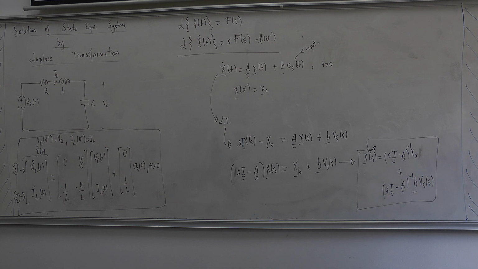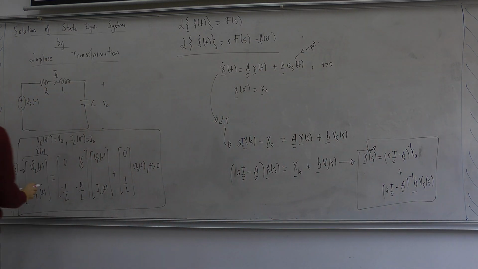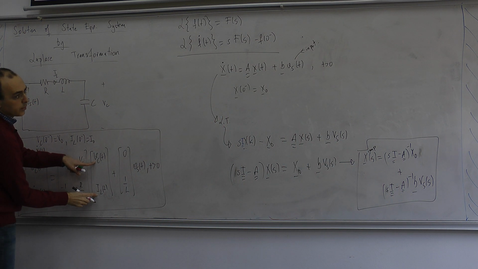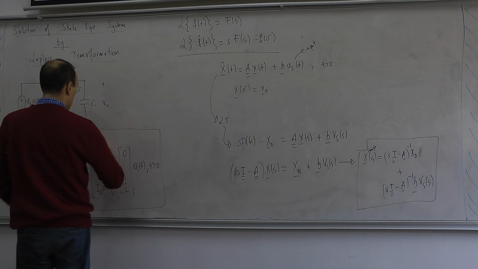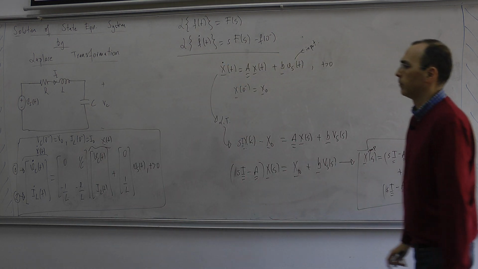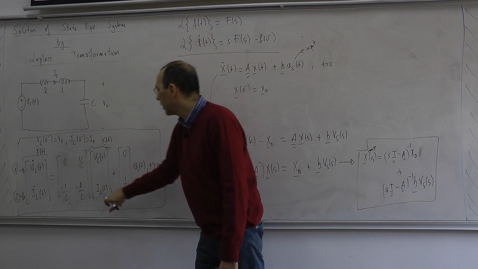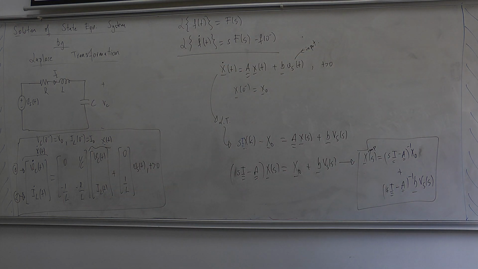So what do I mean by complete solution in Laplace domain? There is nothing else to do. In Laplace domain, I got x of s. So if I can take the inverse Laplace transformation, now please see this. This is what I have found, x of s is the Laplace transform of this vector, obviously my state vector. The first element of it is Vc of s, the second element of it is Il of s.